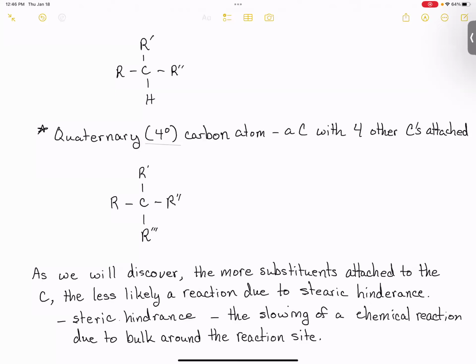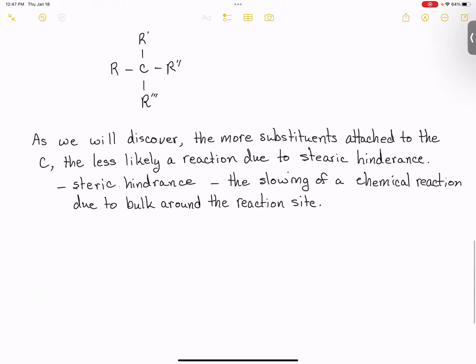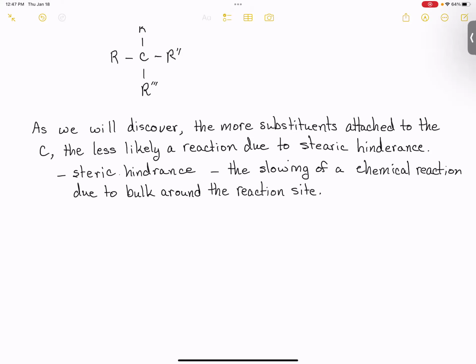If you add one ball, that gets in the way a little bit. But if you add 3 balls around it, in fact, let's think about it this way to help understand the steric hindrance.